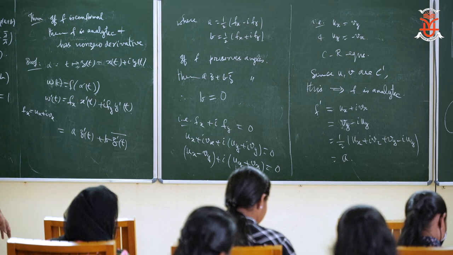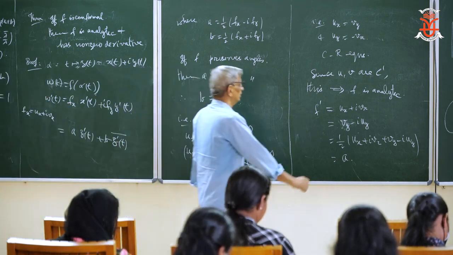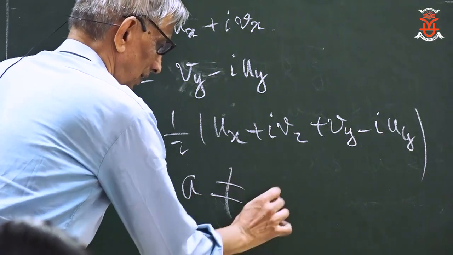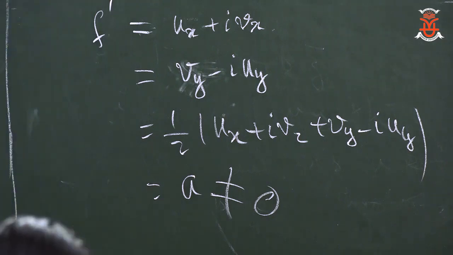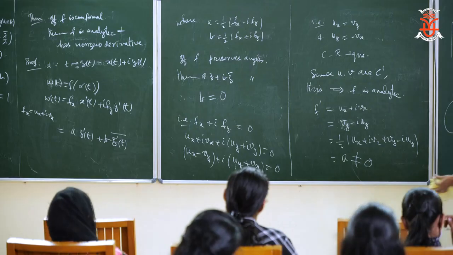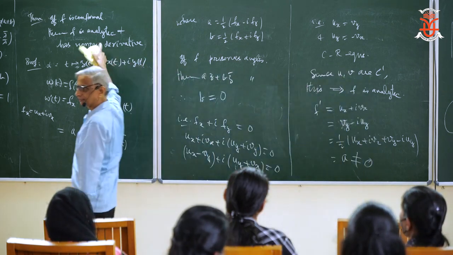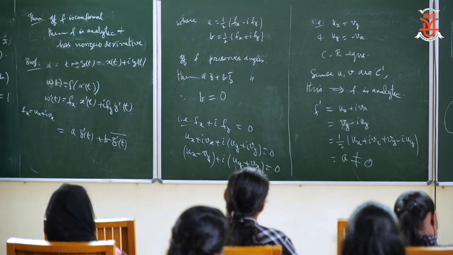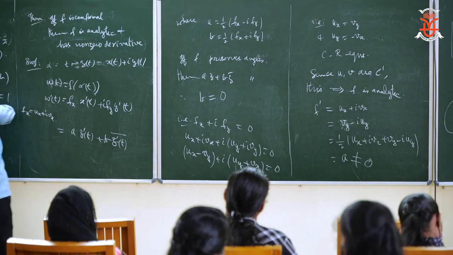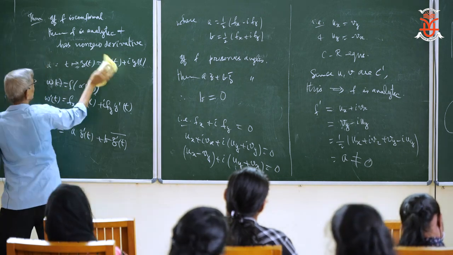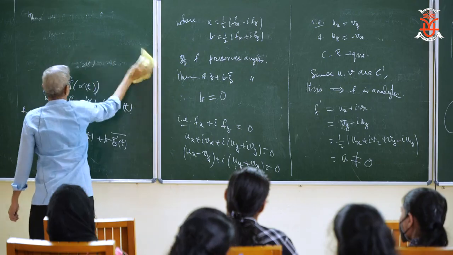Non-zero. Why is a non-zero? Once we say this is non-zero, we are done. Non-zero derivative, non-zero except in trivial cases, so if you omit the trivial case.